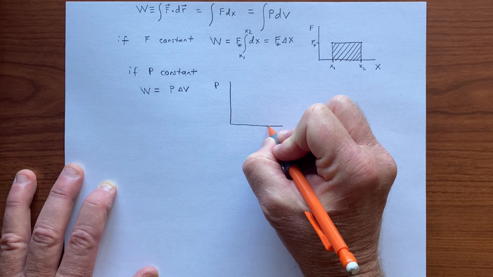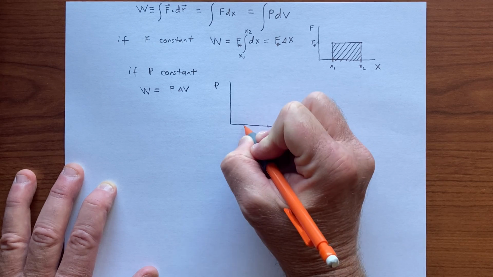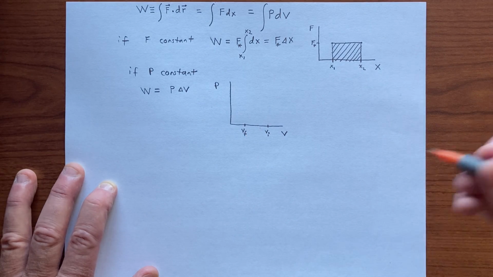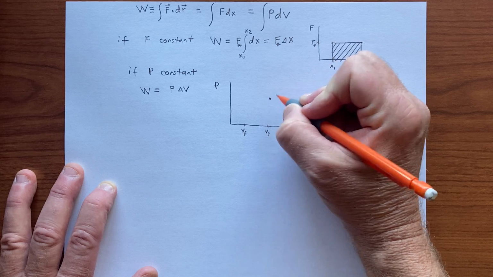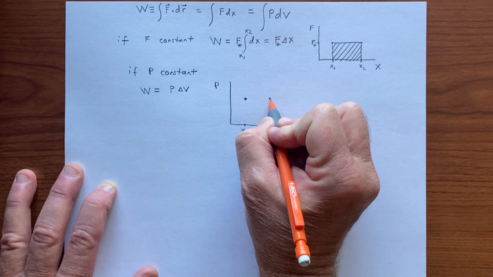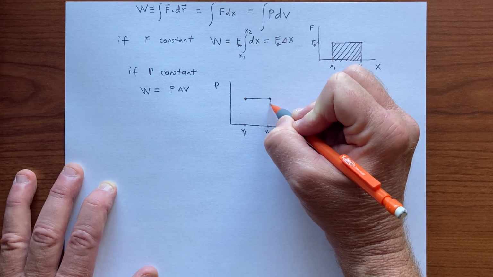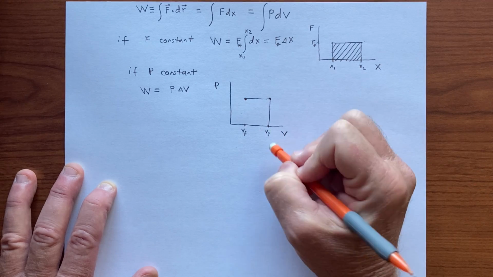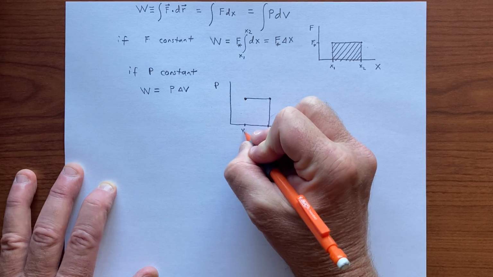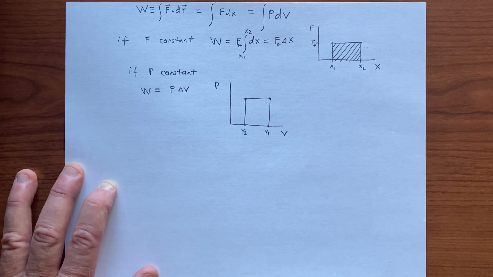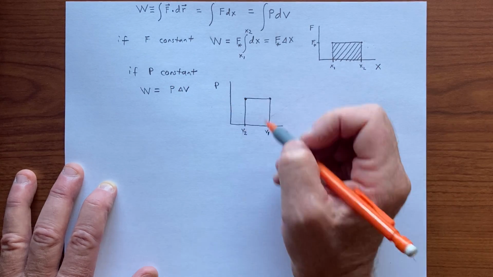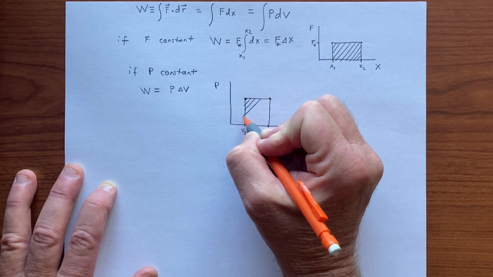And so if we think of some initial volume and some later volume, V final or V1 and V2, and we have a pressure that's always the same, like this, let's just make this volume 1 and volume 2, then the work is just this quantity, which is just the area under the curve, as it is here.